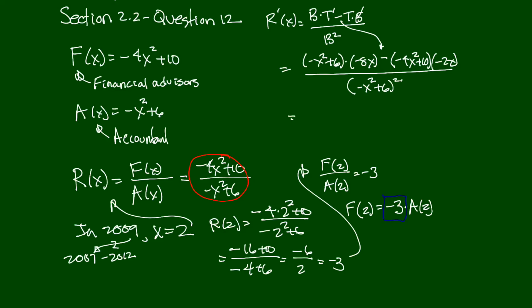Now some algebra. I'm going to multiply through here. It's going to be positive 8x cubed minus 48x.